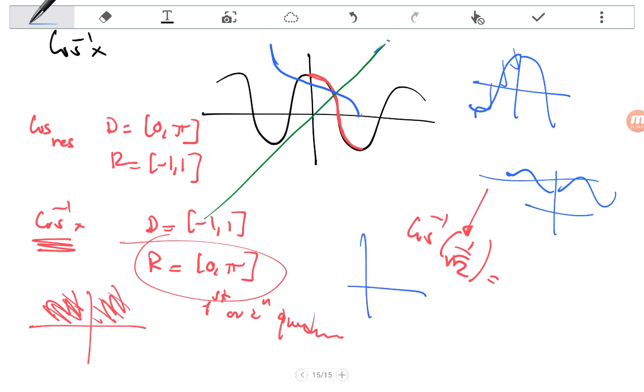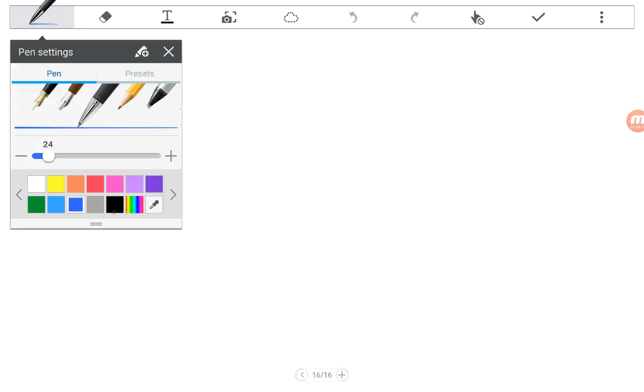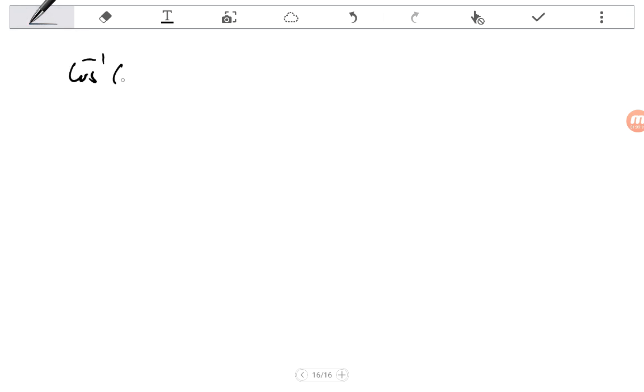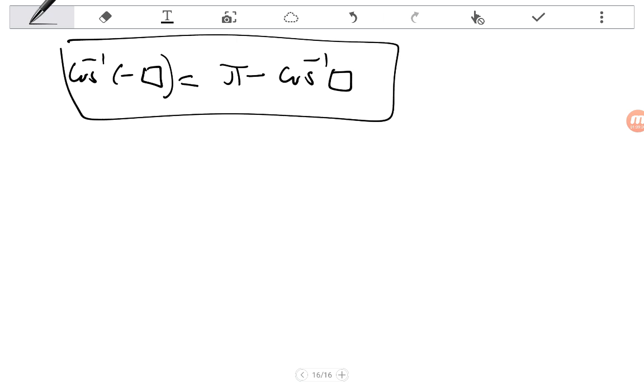This is cosine inverse. It is obvious it doesn't have a symmetry about the y-axis, neither about the origin. And that's why there is a rule that we need to remember: cosine inverse of minus something is pi minus cosine inverse of that thing. This is an important rule, to be memorized.